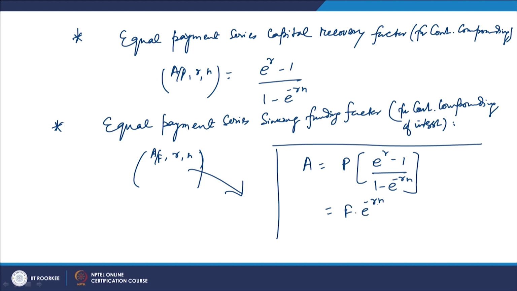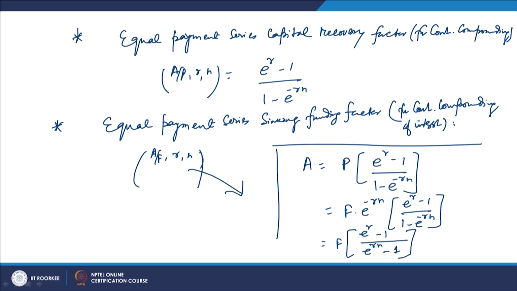We have already got this factor, so it will be multiplied with e raised to the power r minus 1 and divided by 1 minus e raised to the power minus r n. So you will get this value as F into this, e raised to the power r n will go to the bottom, so you will have e raised to the power r minus 1 divided by e raised to the power r n minus 1.